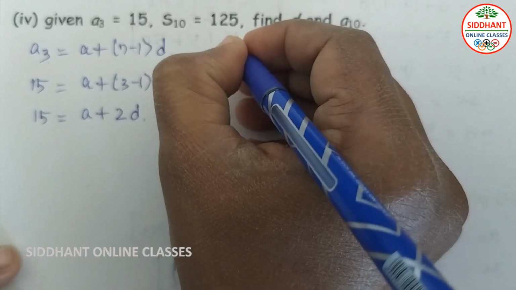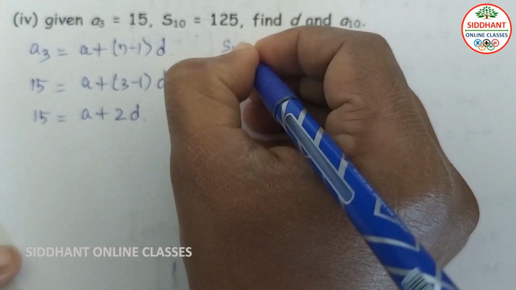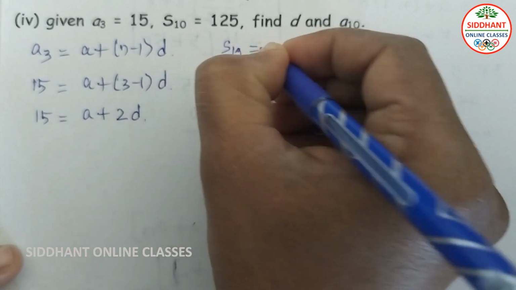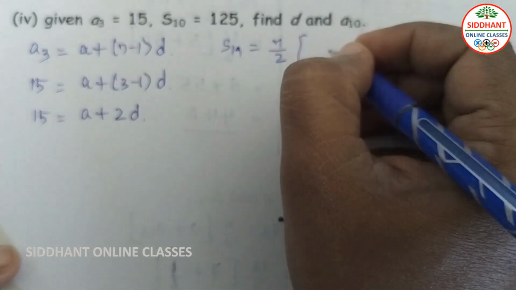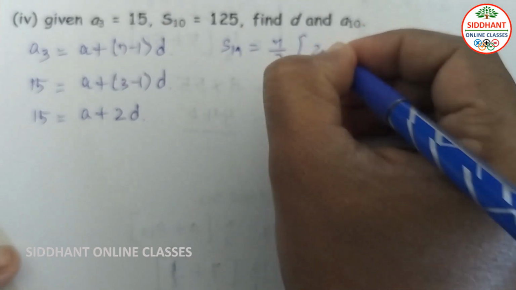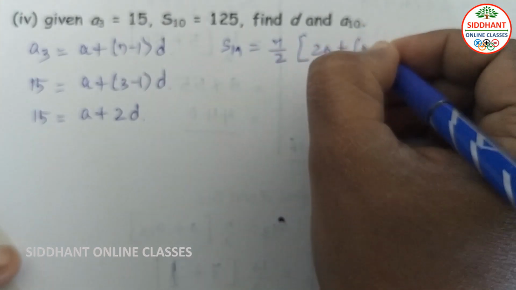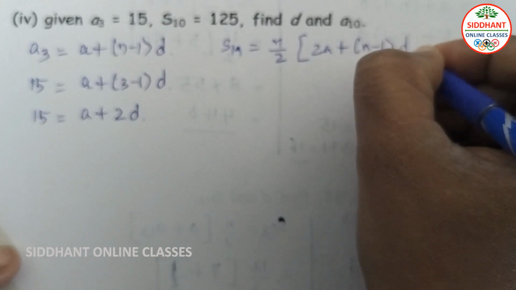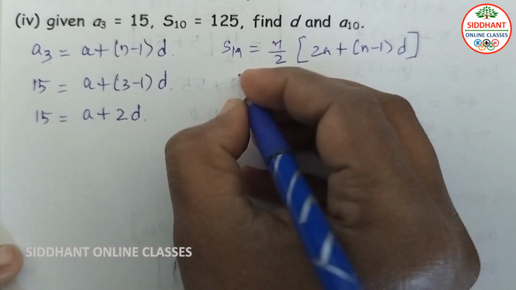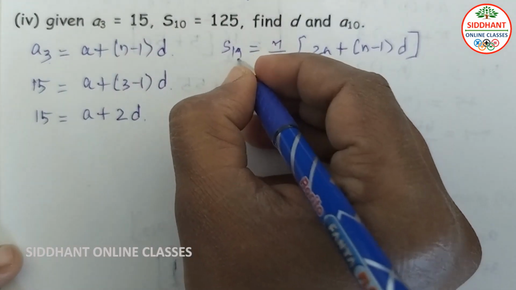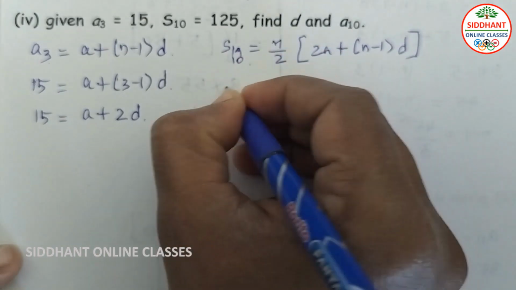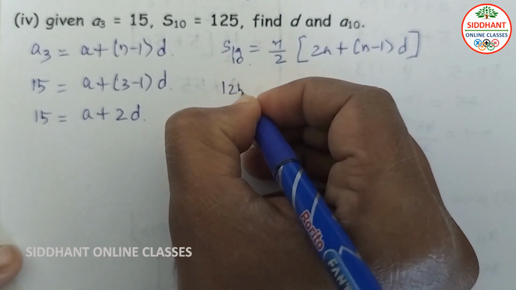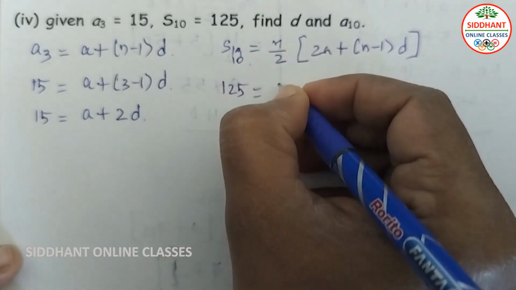Now Sn equals n by 2 into 2a plus n minus 1 d. Now S10 is given, so it will be 125. S10 means n will be 10.